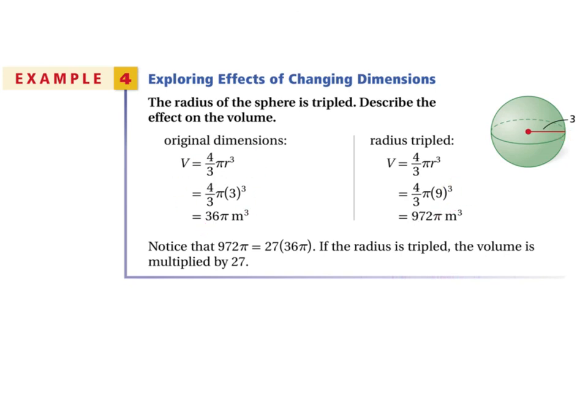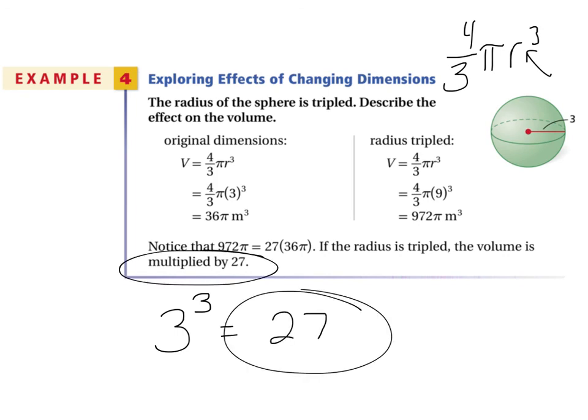But once again, if we are tripling the radius, think of our formula, 4/3 pi r cubed. Well, for volume, we're cubing it. So we're taking 3 to the third power, which is 27. So if the radius is tripled, the volume would be multiplied by 27.